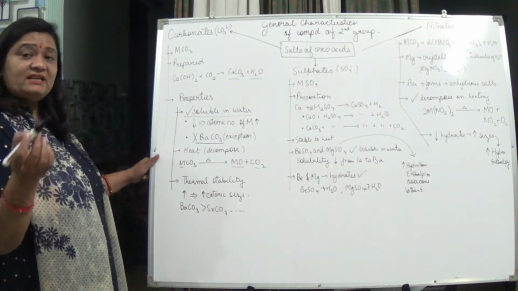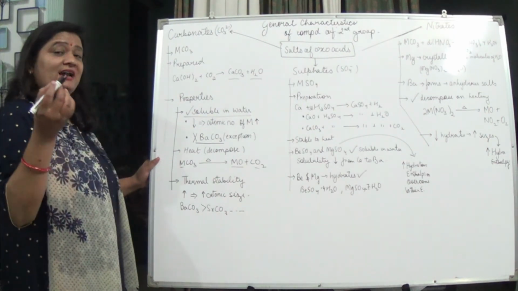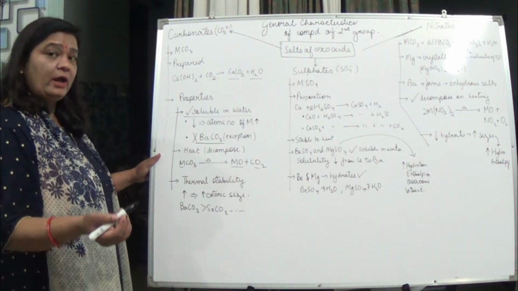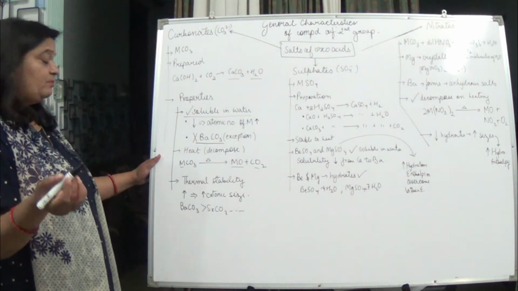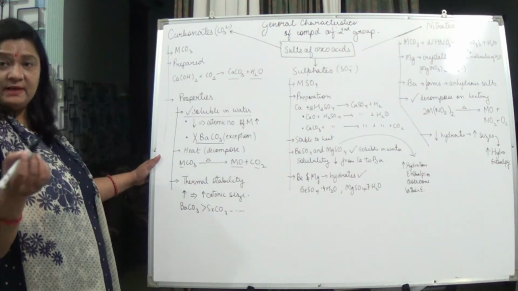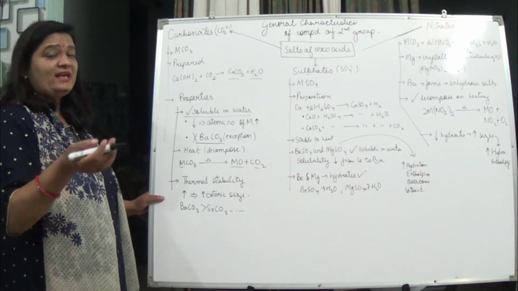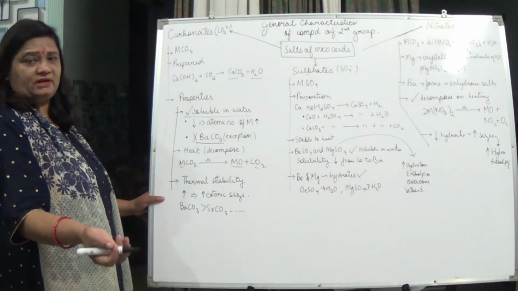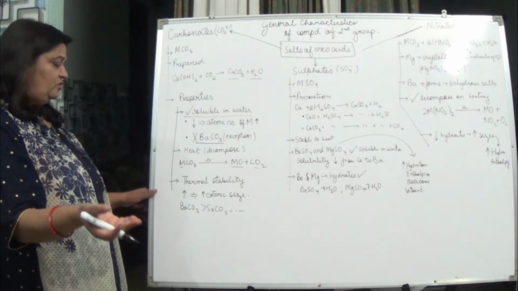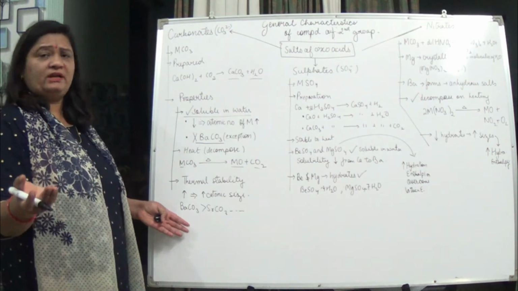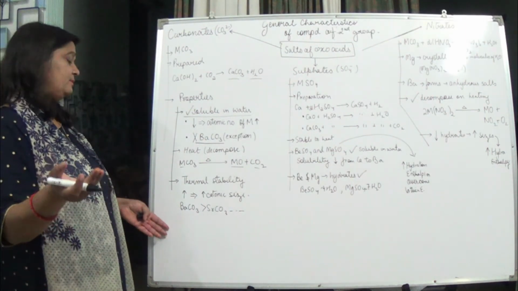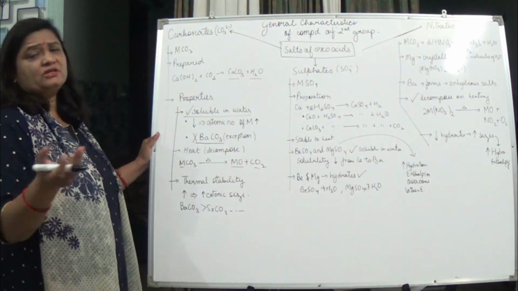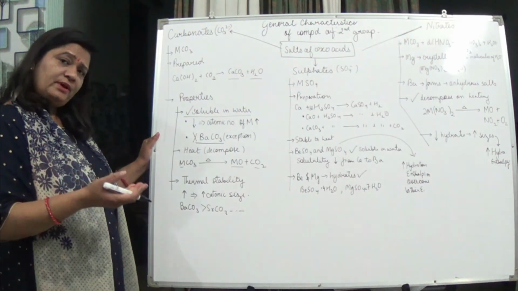So if the cationic size is increasing, the thermal stability is also increasing. So which will have the most thermal stability? Down the group, the thermal stability of the carbonates goes on increasing. If we compare barium carbonate and strontium carbonate, barium carbonate will be more thermally stable than strontium carbonate.